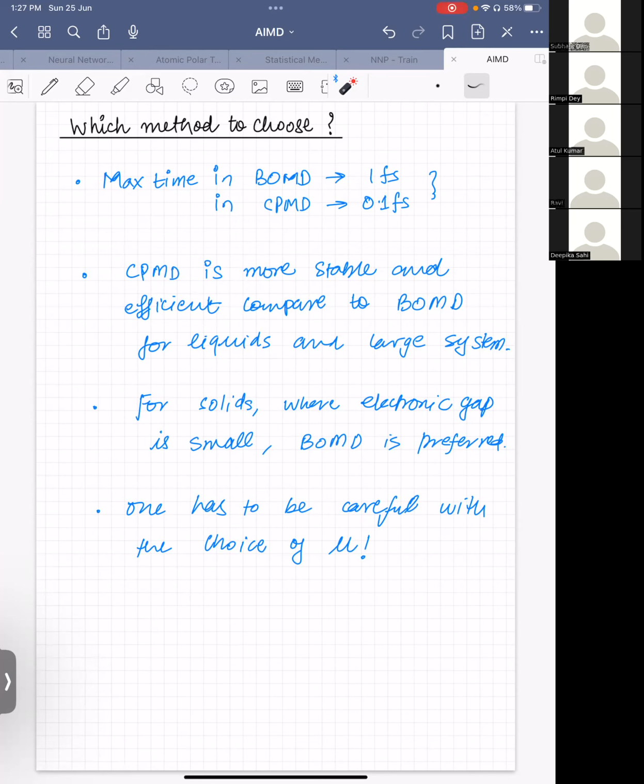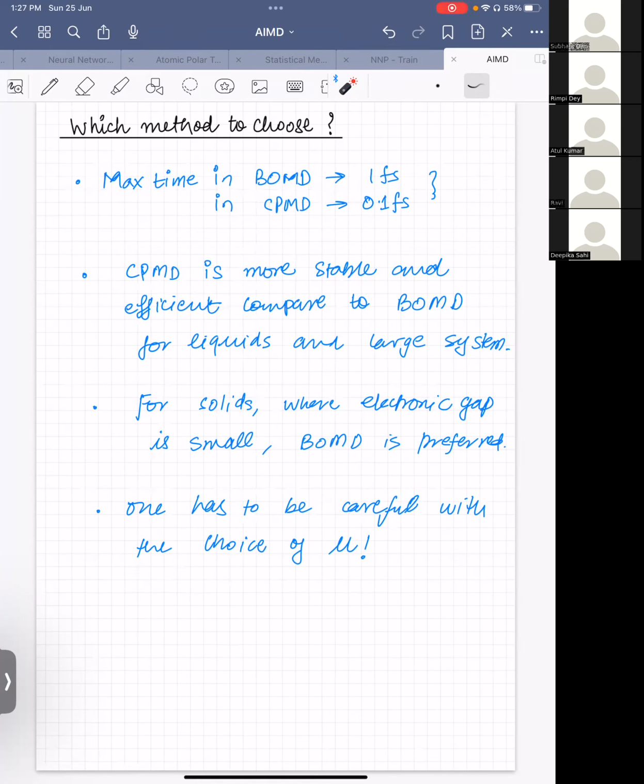So this BOMD conservation for a time step of 10 atomic units is around 10 to the power minus 6 per picosecond. And the computational cost is 16,590 seconds.